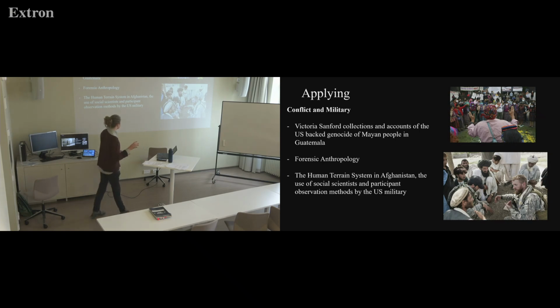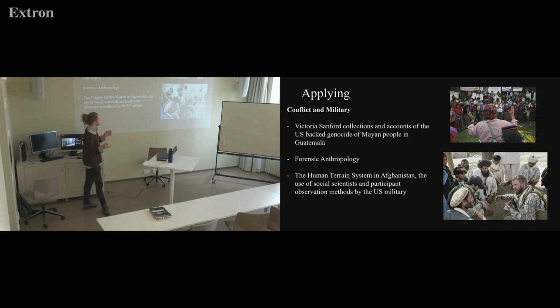But there's a dark side of participant observation, outside say forensic anthropology, in what has been termed human terrain systems. During the US invasion of Afghanistan, the US military hired social scientists, anthropologists and sociologists who had done some sort of work with Afghanistan.